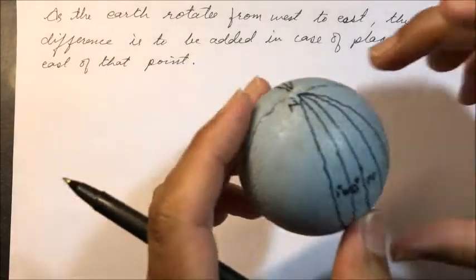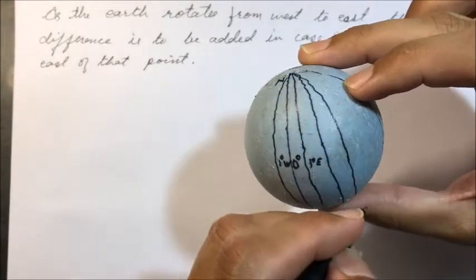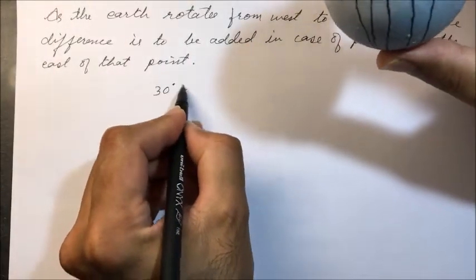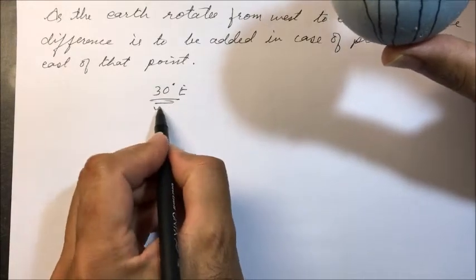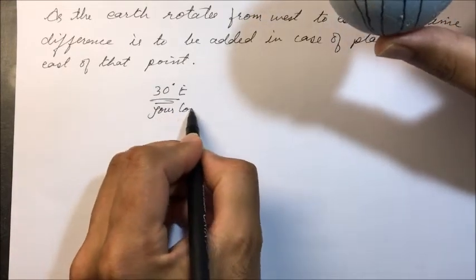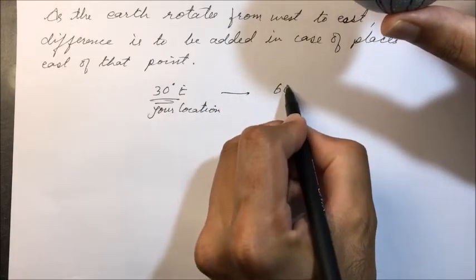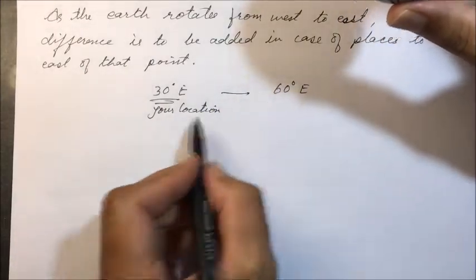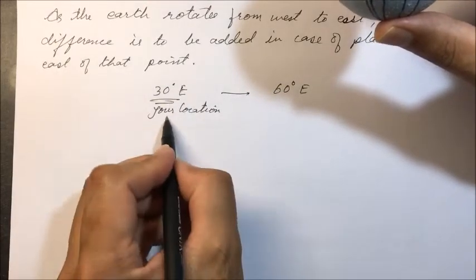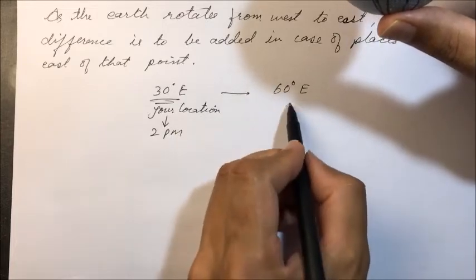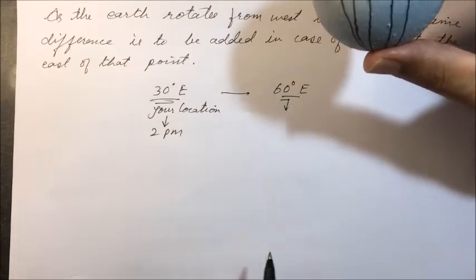For example, you are at 30 degrees east. This is your location. Now your friend is at 60 degrees east. At your place the local time is 2 p.m., and you have to find the time at your friend's place.